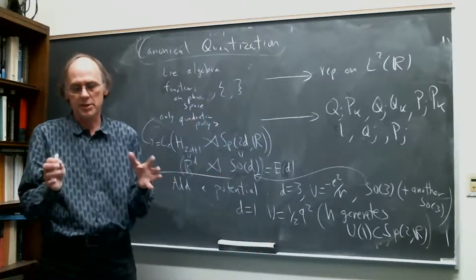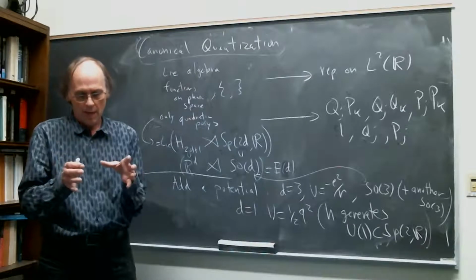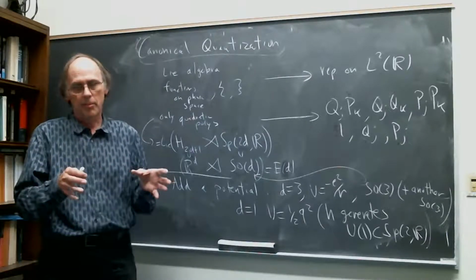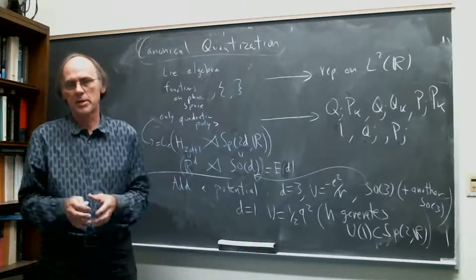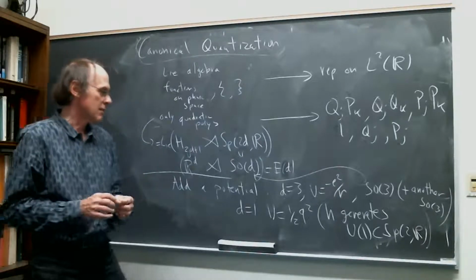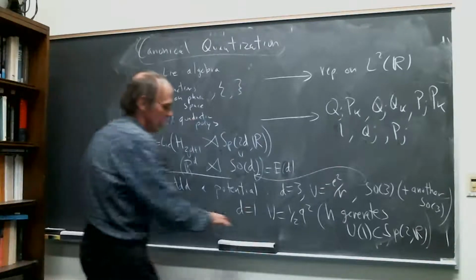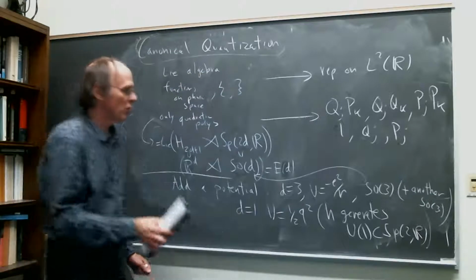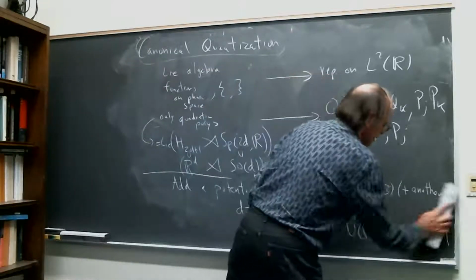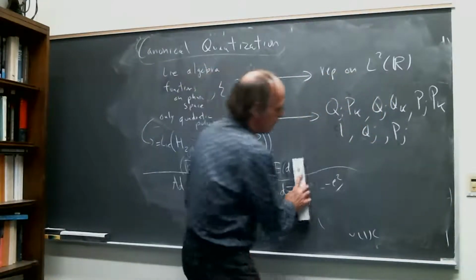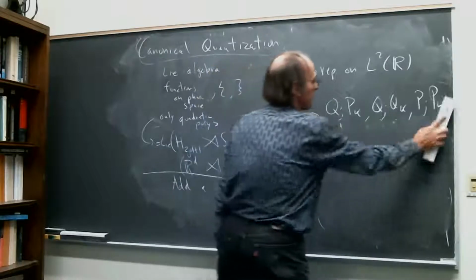So what you have here is just a theory of a single particle, possibly moving around in a potential. That's interesting, but we know in the real world there are lots of particles, they interact with each other, you can create and annihilate particles.